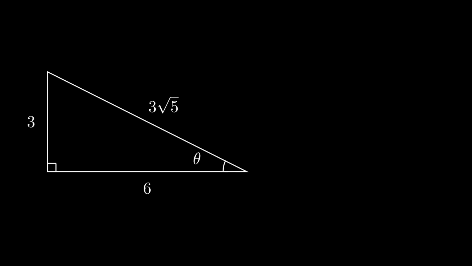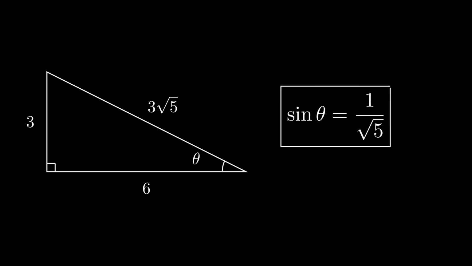Given this triangle, let's try to find the values for sine theta, cosine theta, and tangent theta. Take a moment and pause this video to try it yourself. Using SOH CAH TOA, we know that sine theta is opposite over hypotenuse, which in this case, the opposite side of theta is 3 and the hypotenuse is 3 root 5. Thus, sine theta for this triangle is 3 over 3 root 5, which simplifies to 1 over root 5 or root 5 over 5 if we were to rationalize.